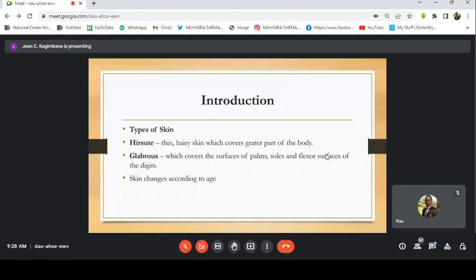Apparent on the face, for example, the face also has hair, but it is small and thin hairs. The areas where we don't have hairs are the palm, the glans, and soles. The rest is glabrous skin, except the scalp, the pubic area, and the axilla.